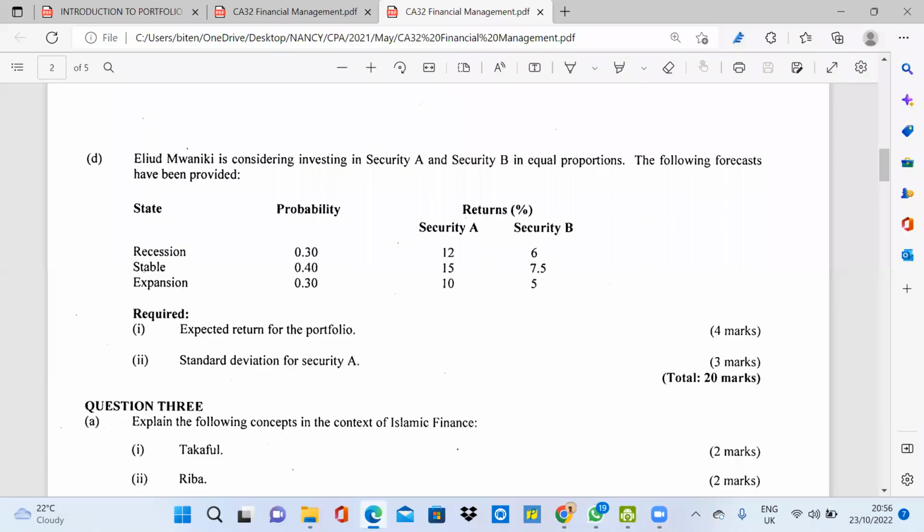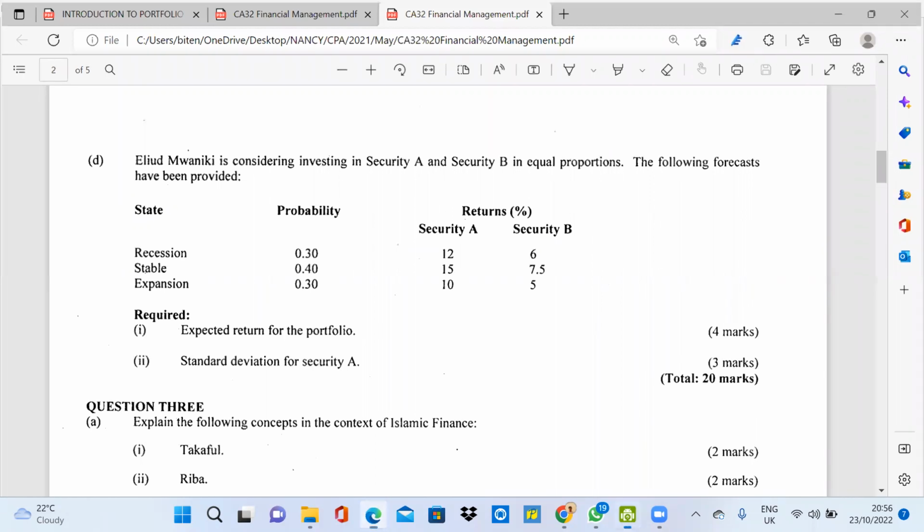We were asked for the expected return of the portfolio. The question says Eliud Mwaniki is considering investing in security A and security B in equal proportion, so the weights are 0.5 and 0.5.